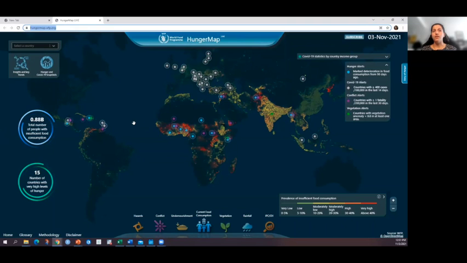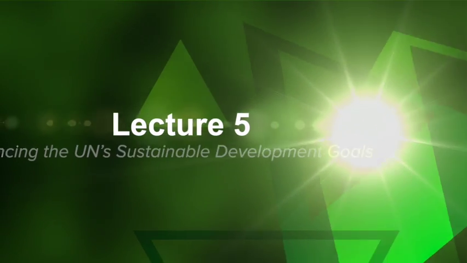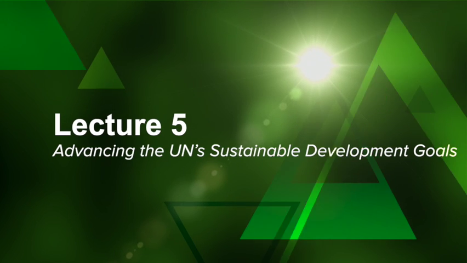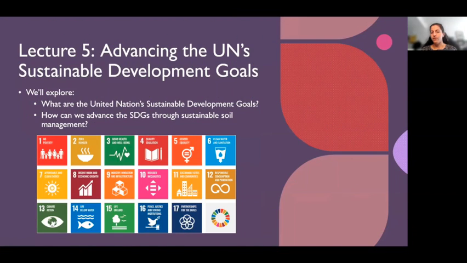It's going to show us a lot of different visualizations and statistics about world hunger, specifically where in the world we can see the most affected areas, how are they affected by rainfall, vegetation, and we'll see how we can use this information to connect it to our 5th lecture, which is going to talk about the United Nations Sustainable Development Goals.